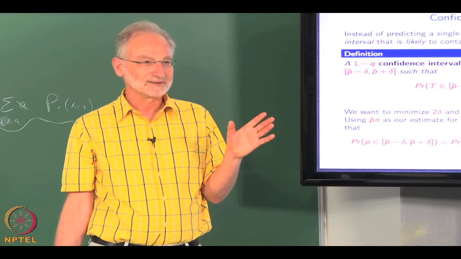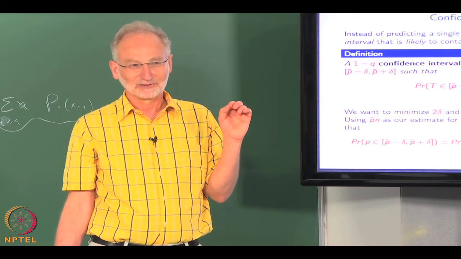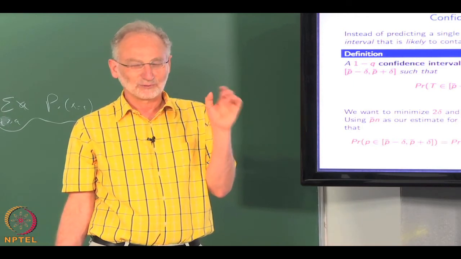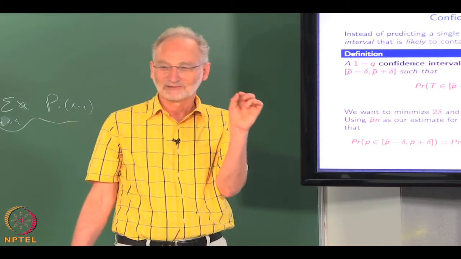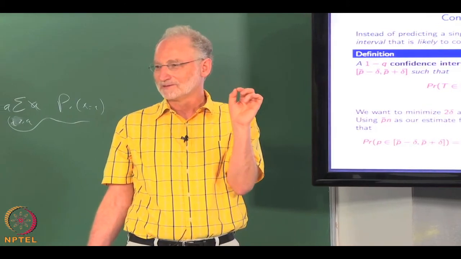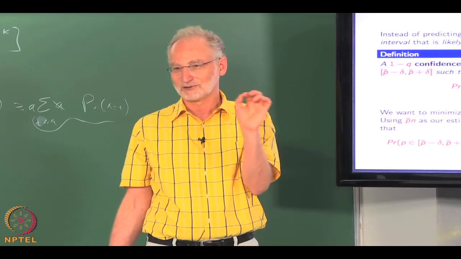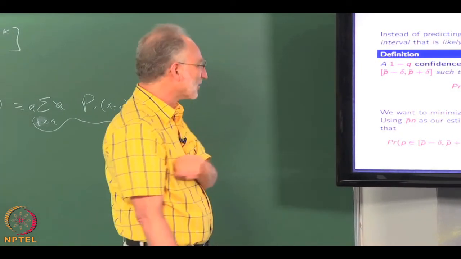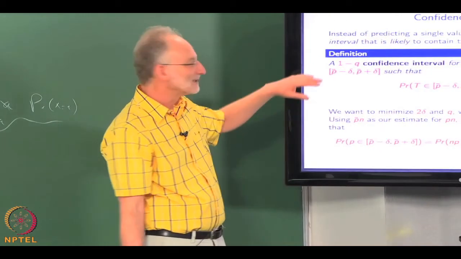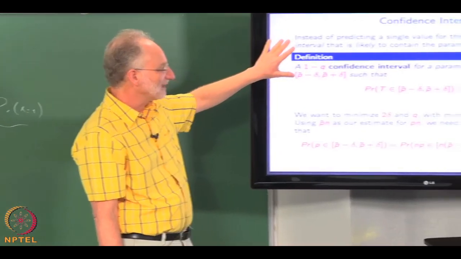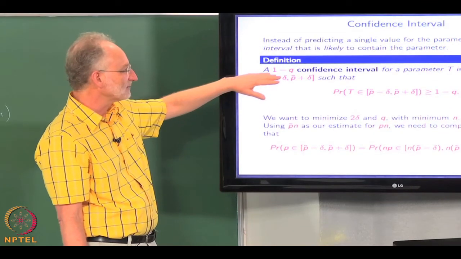Now, a point estimate is very misleading because it's just a coincidence that your sample gives this particular value, but the true value can be in the neighborhood of this. A much more reliable and meaningful estimate is what's called a confidence interval.